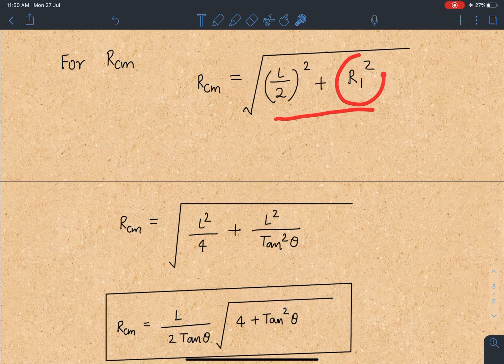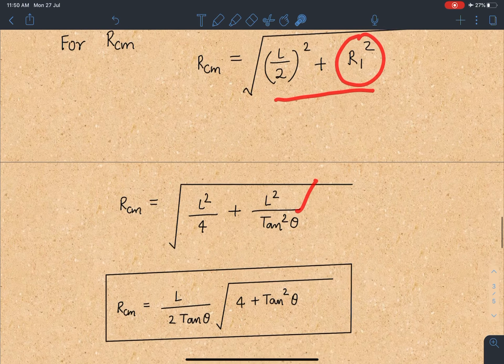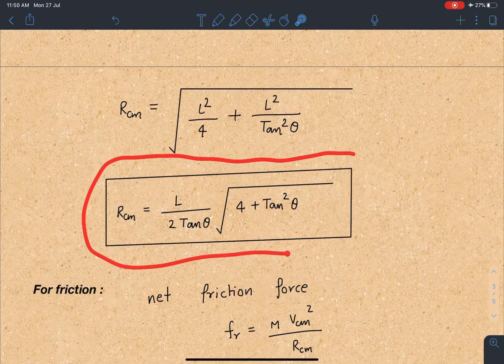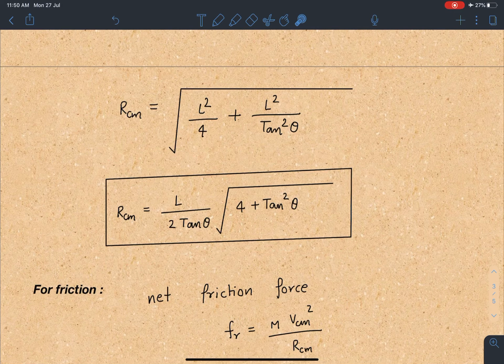When I substitute the value of R1 here, and on simplification, I am getting RCM is equal to L by 2 tan theta times root of 4 plus tan square theta. This is going to be the value of RCM at that particular instant.